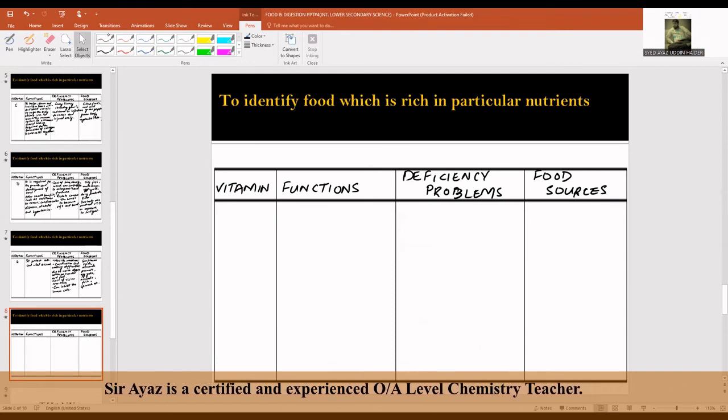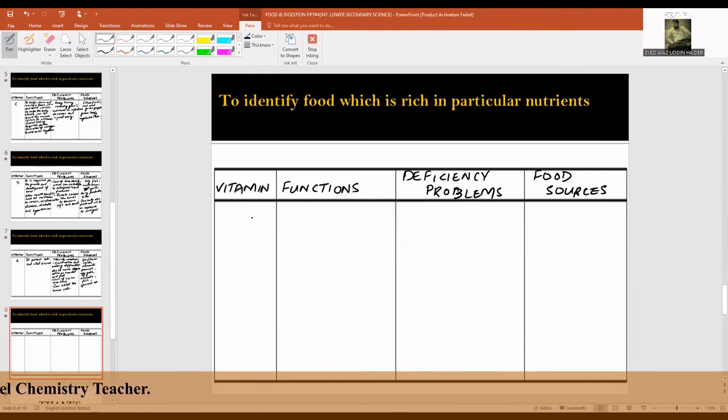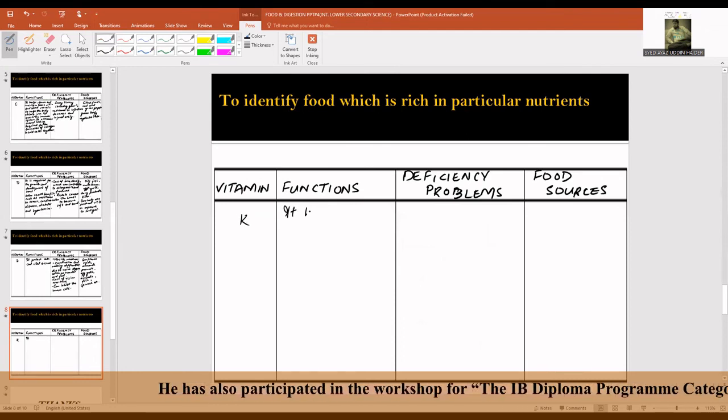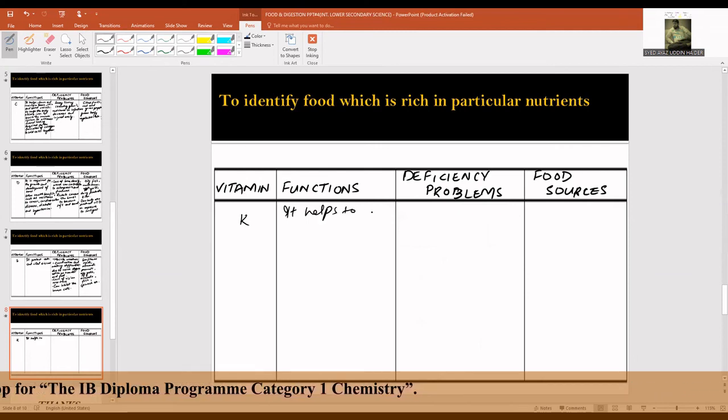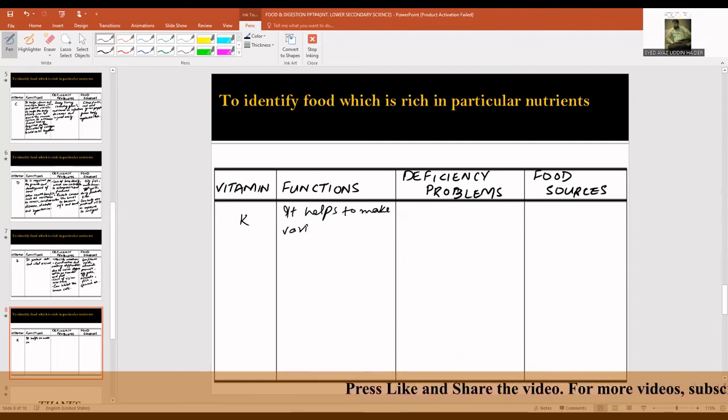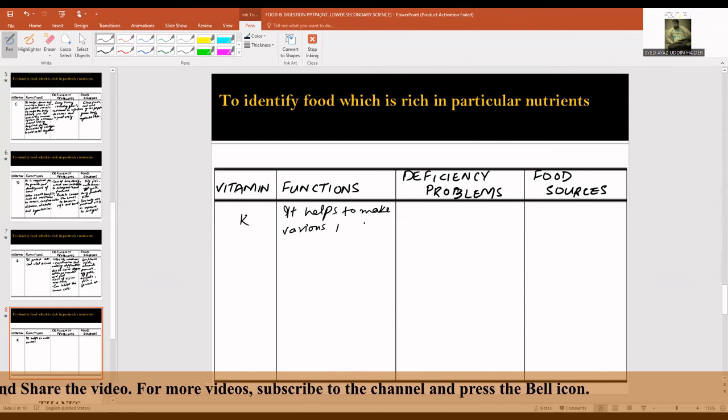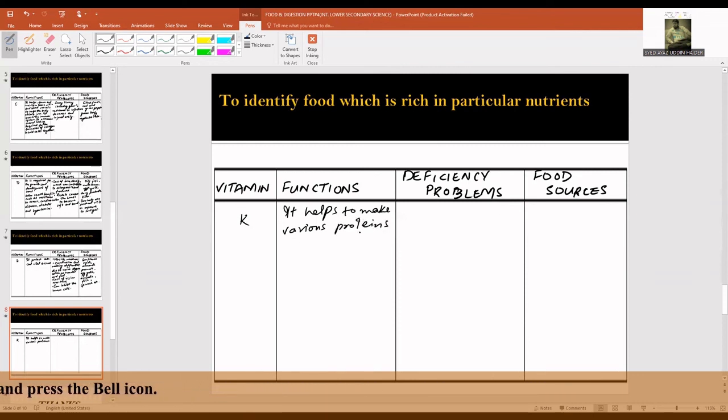The last vitamin, which is vitamin K, helps to make various proteins that are needed for blood clotting and the building of bones.